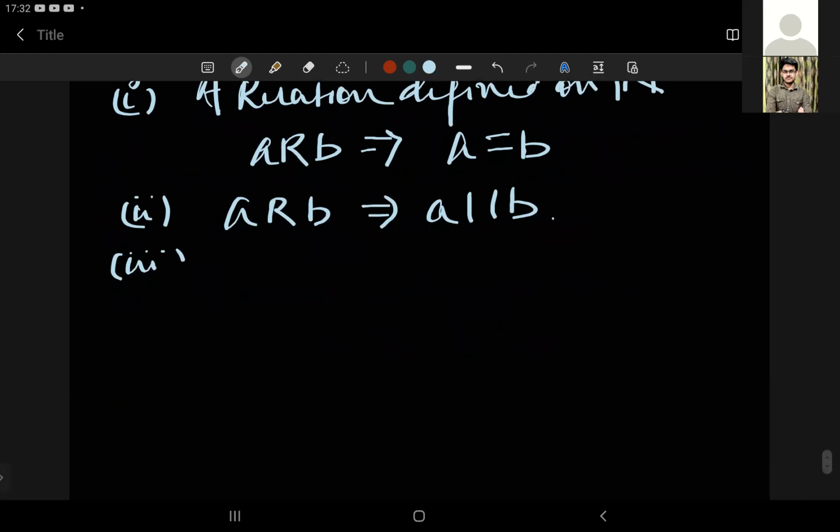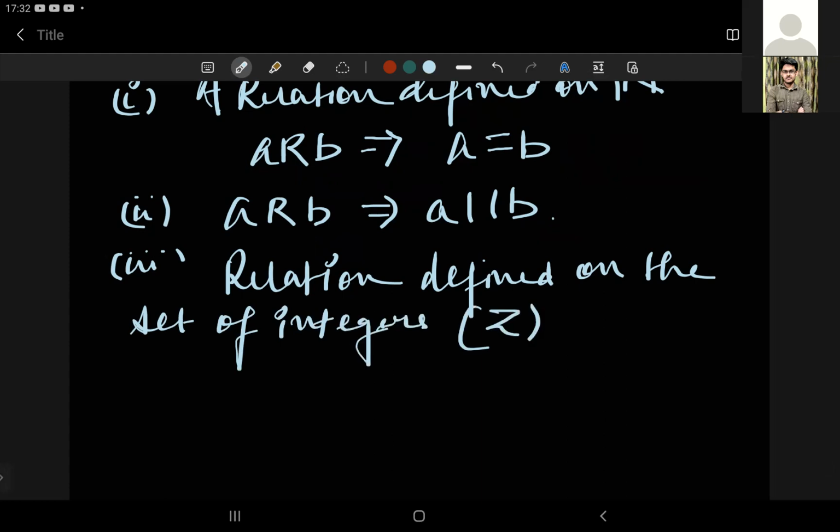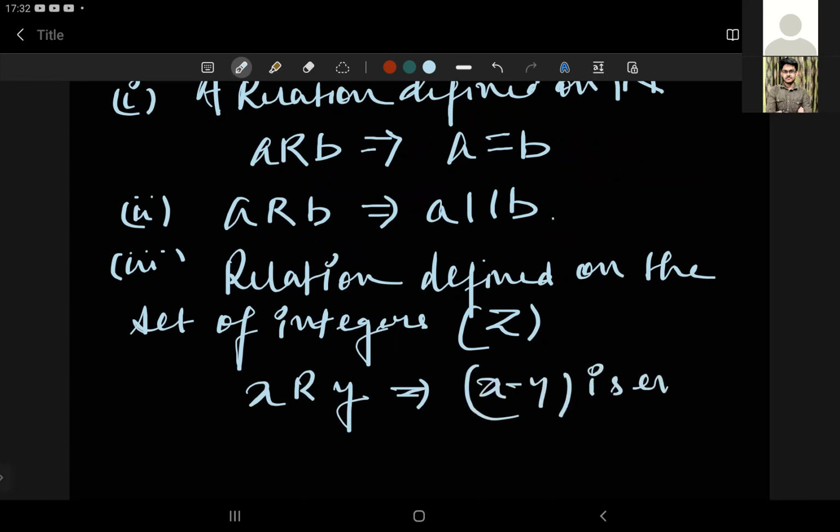Say we have a relation defined on the set of integers Z, x R y implies x minus y is even.